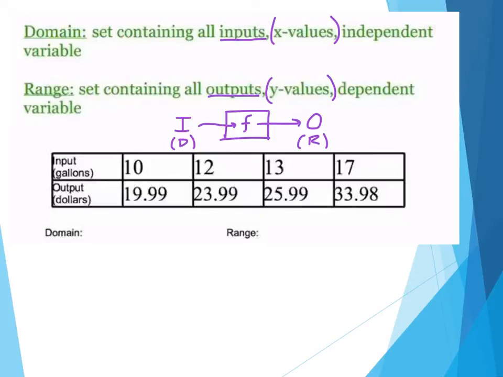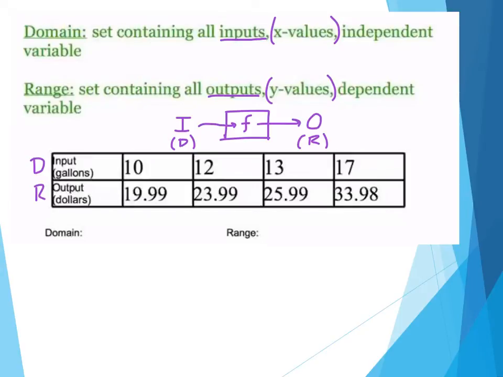Imagine you're putting gallons of, let's say, gasoline into the tank of your car, and you have to pay based on the amount of gallons you put in. The domain is all my inputs, or all the x values. In this table, the first row is the input, so that is my domain. The second row, my output, is my range.